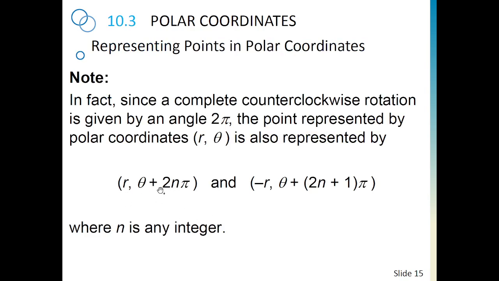You can always add or subtract 2 pi, or add or subtract pi and then put the minus in front of the r, and you are still at the same point. So in polar coordinates, that's what's special. One point has infinitely many representations. Some of them are more useful or cuter than others, but as soon as we have one, we can generate all the others.